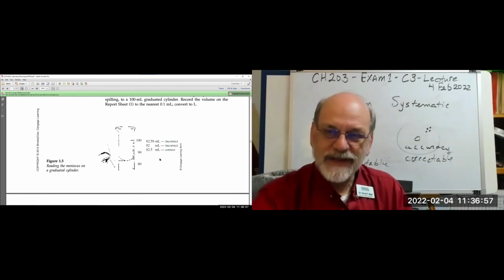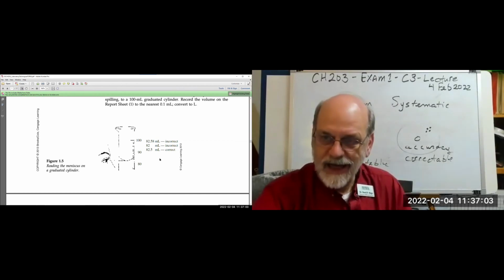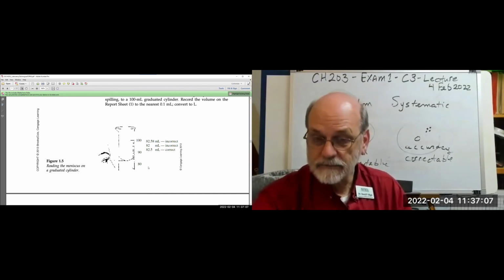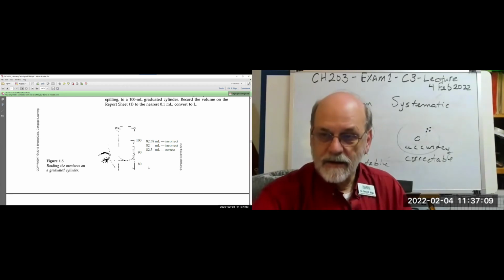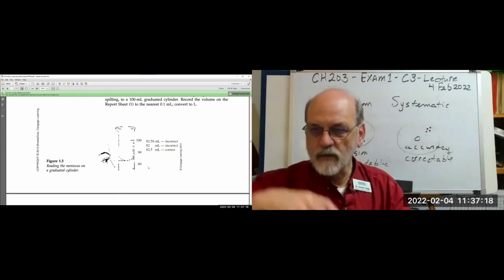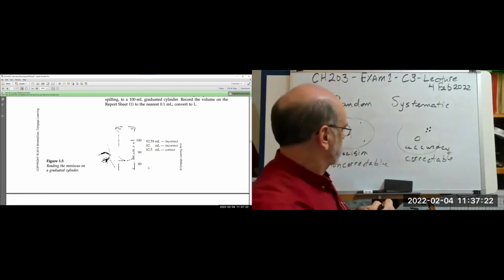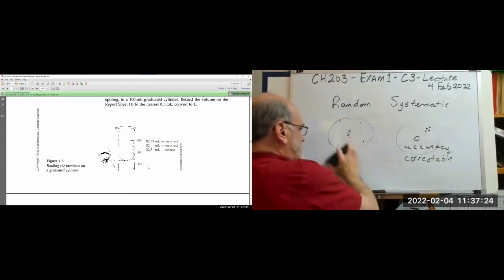Okay, how do you read an aqueous solution, or pure water for that matter, in a glass graduated cylinder? All glass, when it comes into contact with the aqueous solution, forms a meniscus. In other words, the top of the liquid is shaped like a bowl.